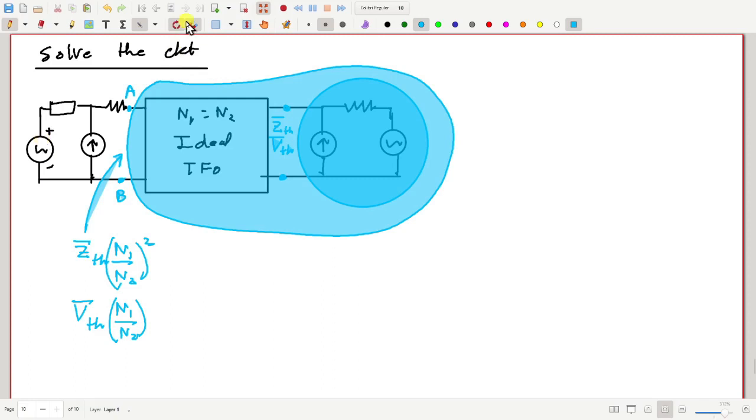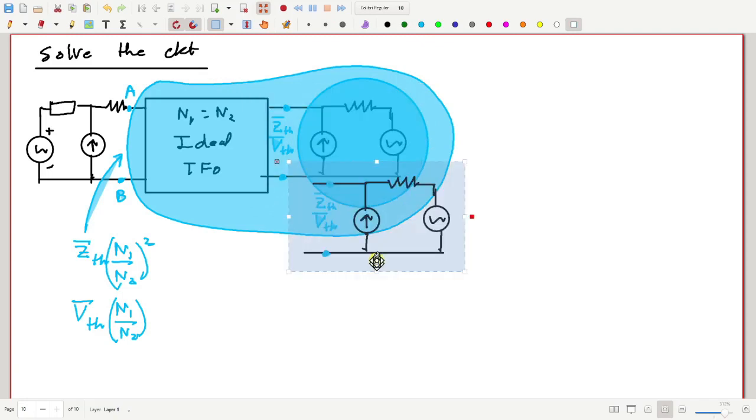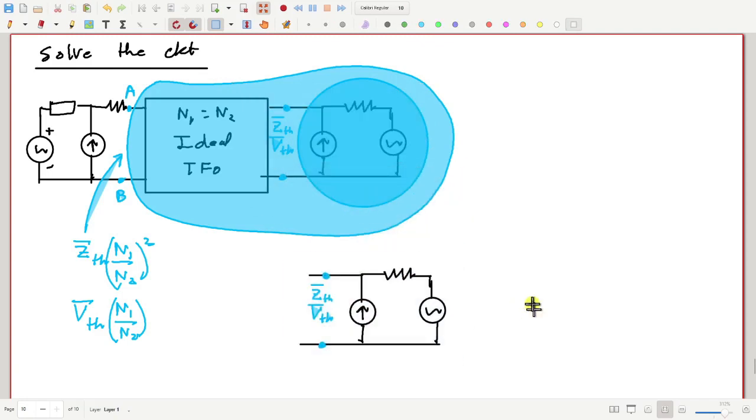Now suppose I do this. Suppose this voltage, this current is some I2, this is some V2, this is some Z2. Now I have copied the same circuit, but I replace this voltage by V2 times N2 by N1.